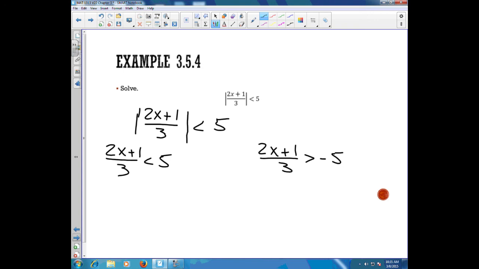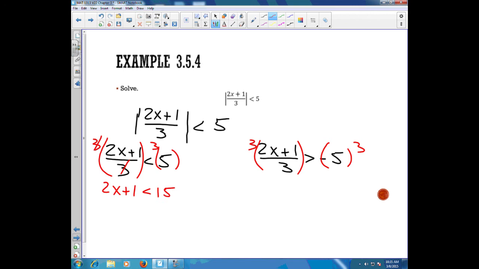And so the first step on both of these would just be to multiply both sides by 3 to get rid of the fraction. Here we're going to get 2x plus 1 is less than 15. And here we're going to get 2x plus 1 is greater than negative 15.